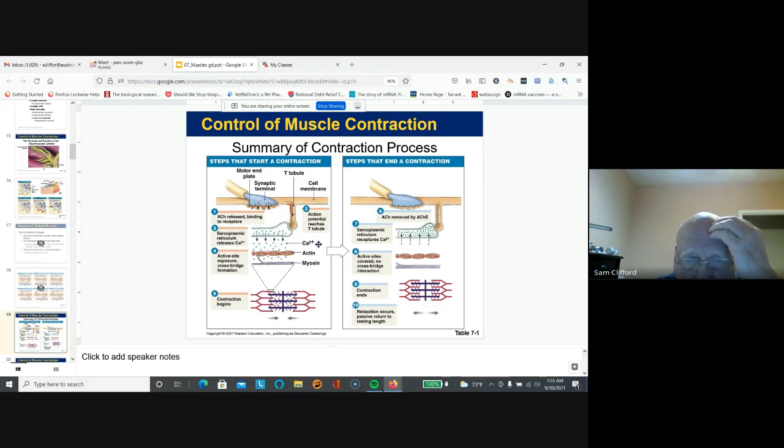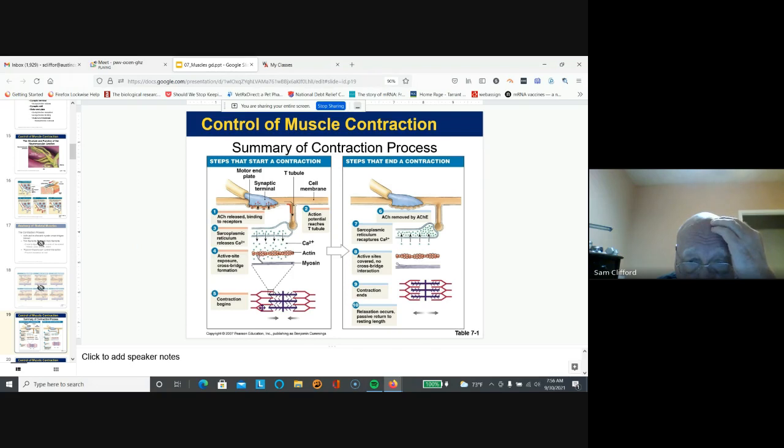And as that T-tubule has this electrical change in voltage, it releases calcium from the sarcoplasmic reticulum. That calcium binds to troponin, which causes the tropomyosin to rotate and expose the myosin binding sites on the actin, and the energized myosin heads pivot toward the middle of the sarcomere, and the muscle contracts.